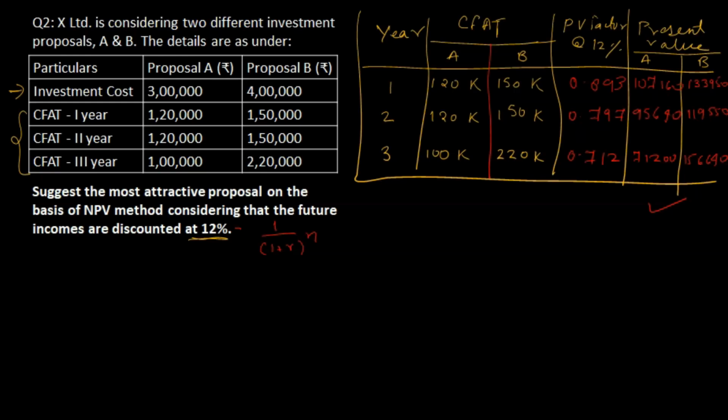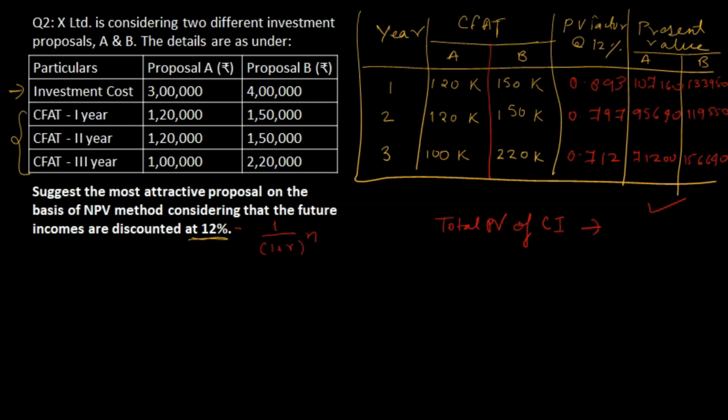One more thing, we need to find the total values now. So total present value of cash inflows. These were the inflows. So for proposal A, it is 2,74,000. Just a minute, I'm writing it here below.